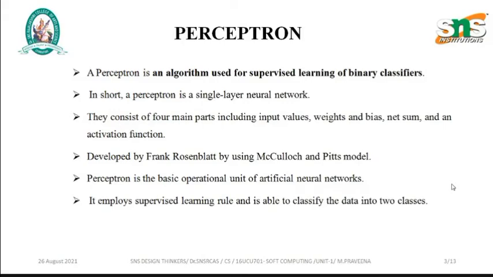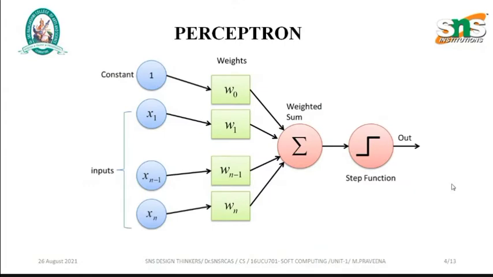It acts as a basic operational unit of artificial neural networks. It is mainly used in the supervised learning rule, and it is able to classify data into two classes, because in a binary classifier the outcome will be in the form of zeros and ones, right?